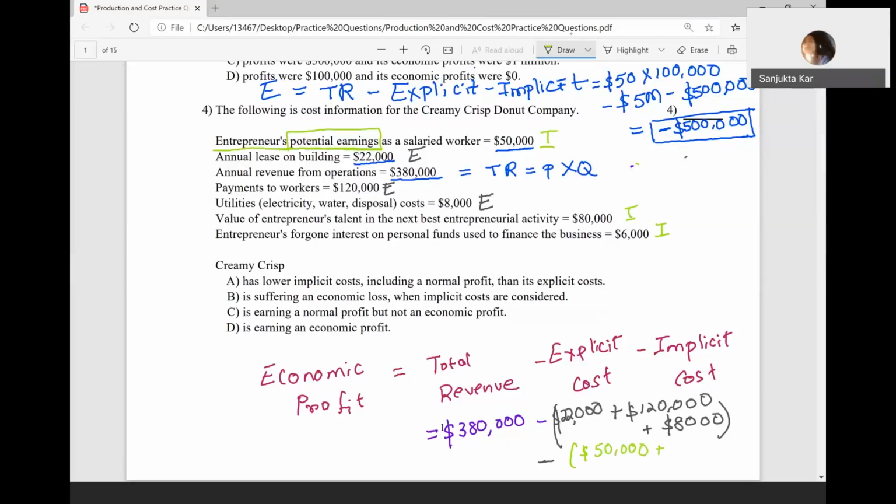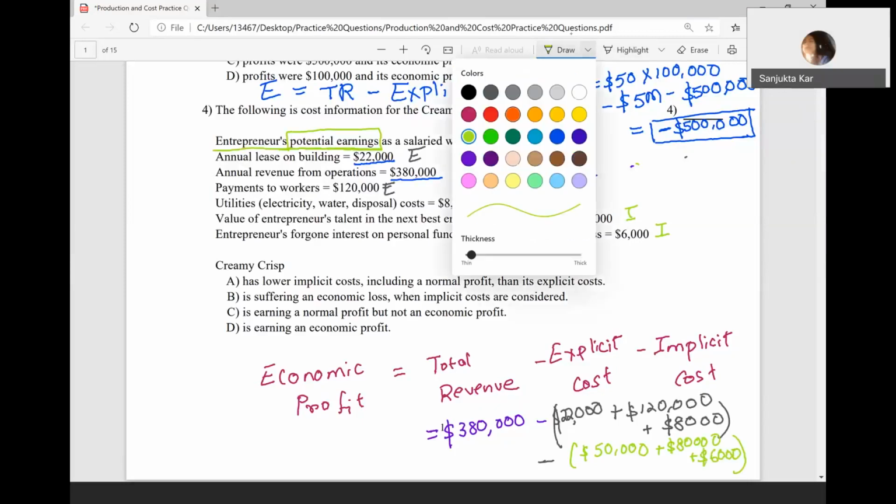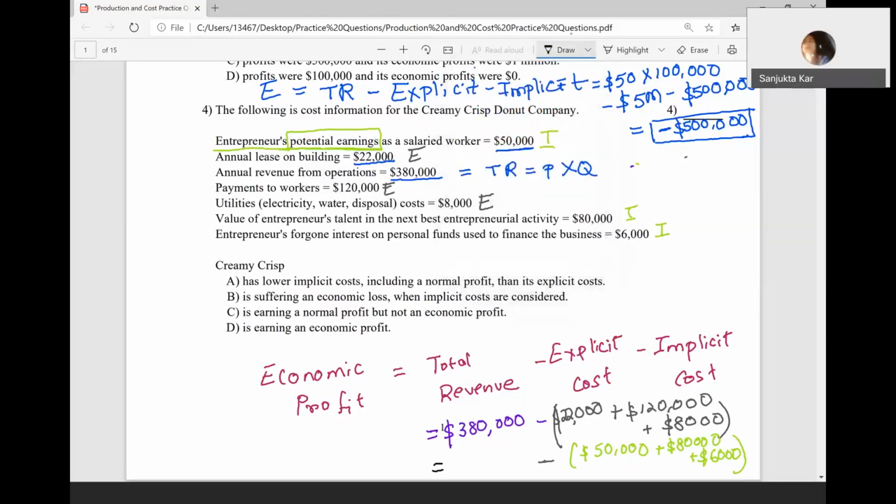Also take off 80,000 and 6,000. Now, when I do the calculation here, I found out my result is equal to $94,000. So my answer to this question is Krispy Kreme is indeed earning an economic profit.